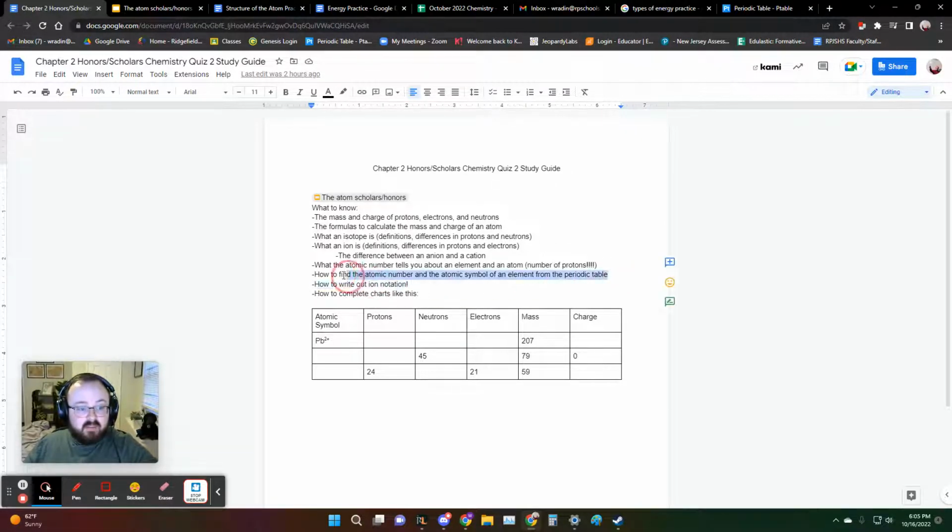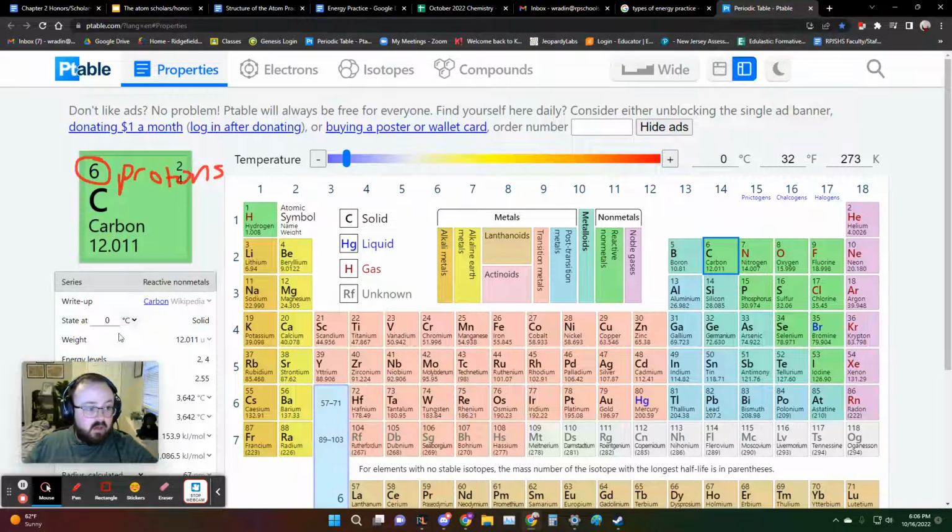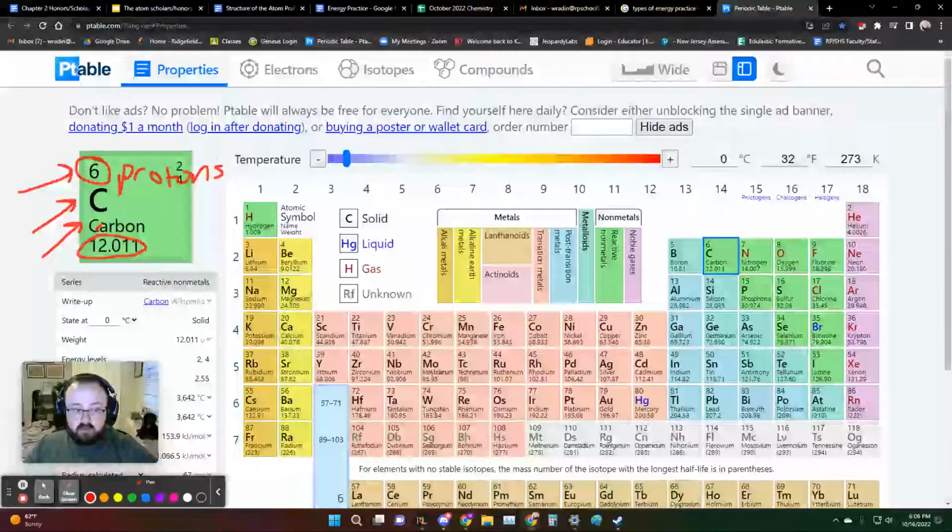And then how to find the atomic number and the atomic symbol, you will get a periodic table on this quiz and for a lot of the rest of the class. So if we head back to here, this right here, this is the atomic number at the top. This is the atomic symbol, and this is our element name. We're going to get back to our atomic weight next week. All right, we're going to get there.